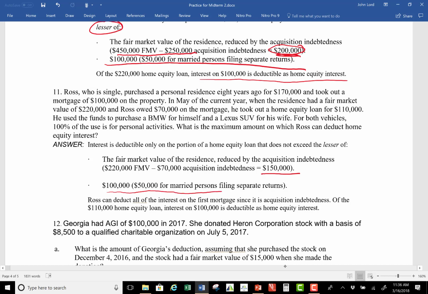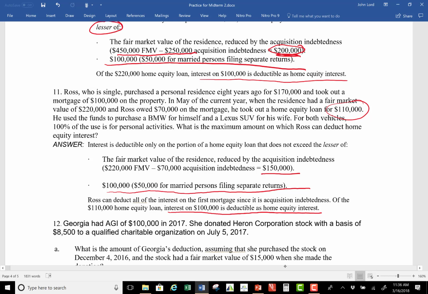So he can take that 100,000. He can deduct all interest on the first mortgage, and of that 110,000 that he took out, he can only deduct interest on 100,000 of that. So he can still deduct the interest on his first loan, and then he can deduct interest on that second loan up to the 100,000.